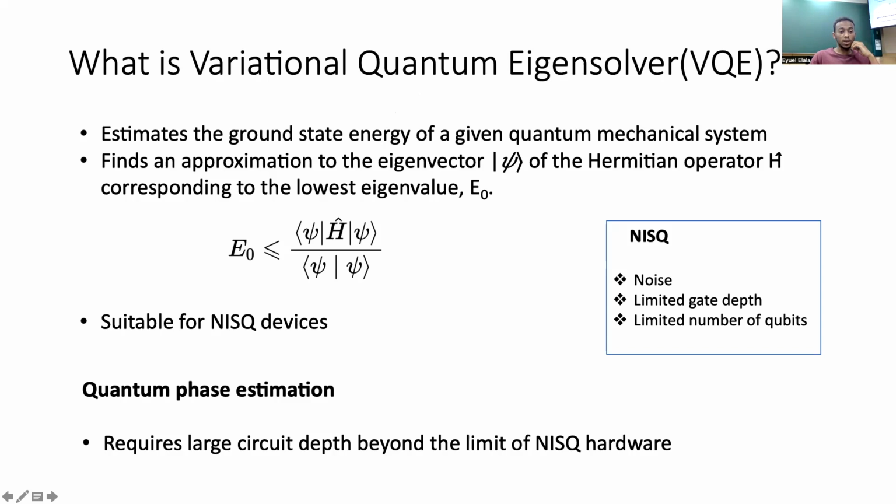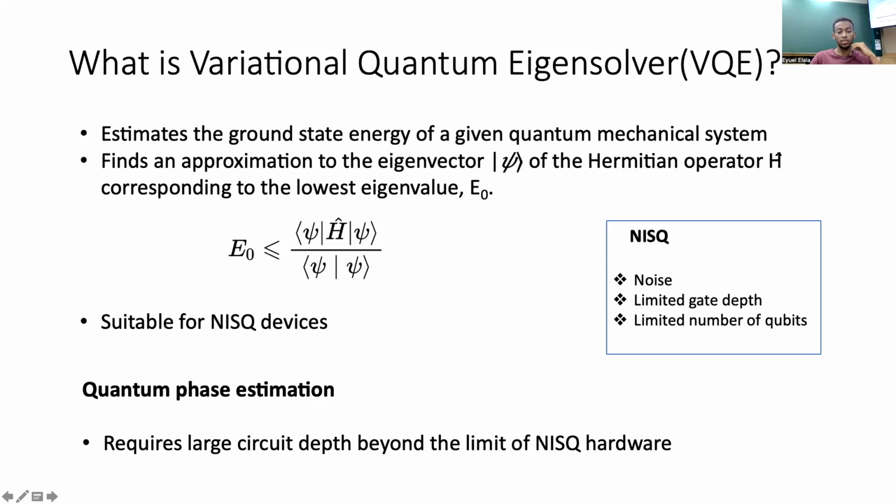But in order to have a good bigger picture of the algorithm, we can give it a mathematical definition. We can say that it's an algorithm used to find the minimum eigenvalue of a given matrix. That matrix might be representing a certain physical quantity.